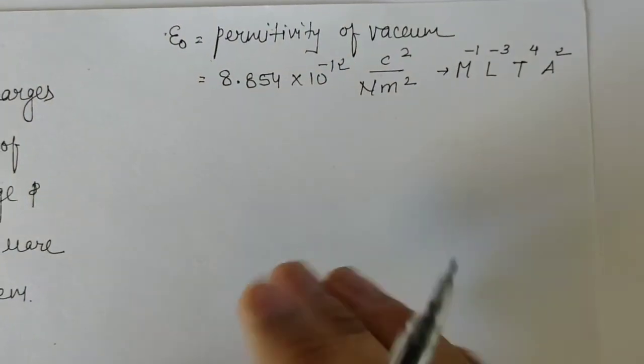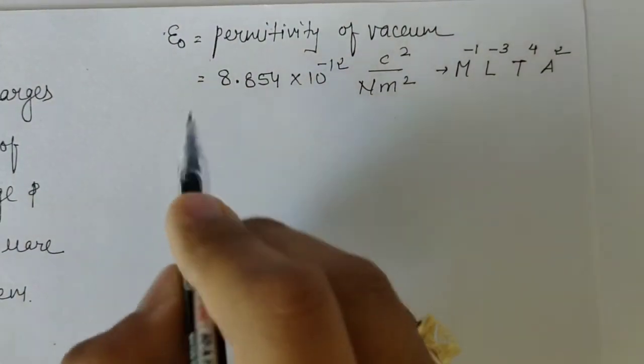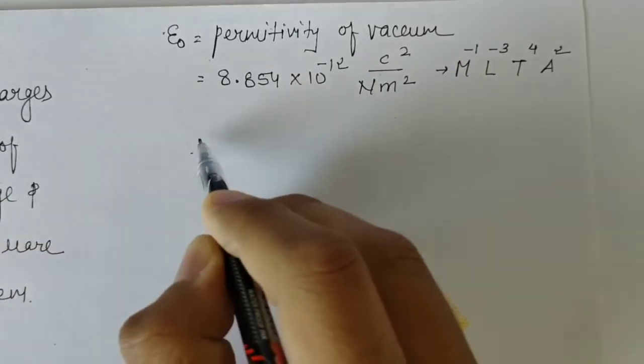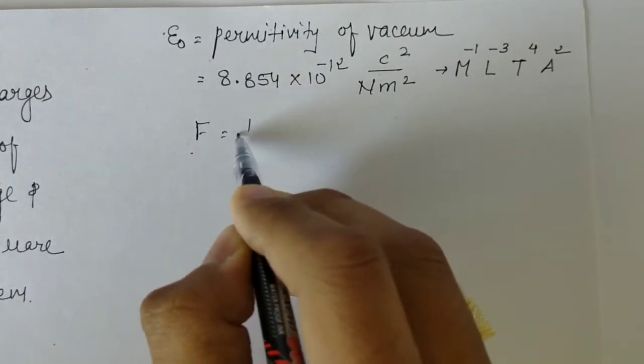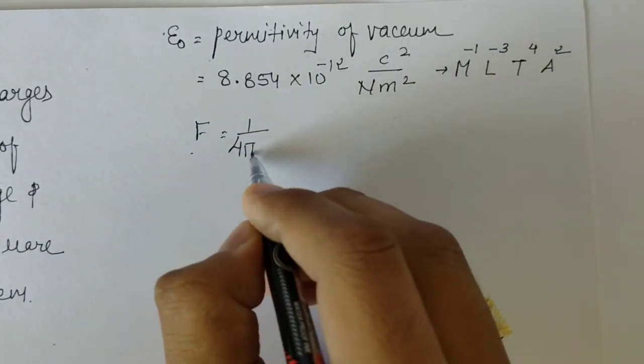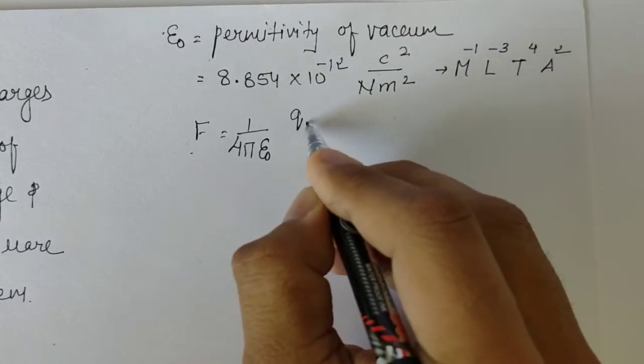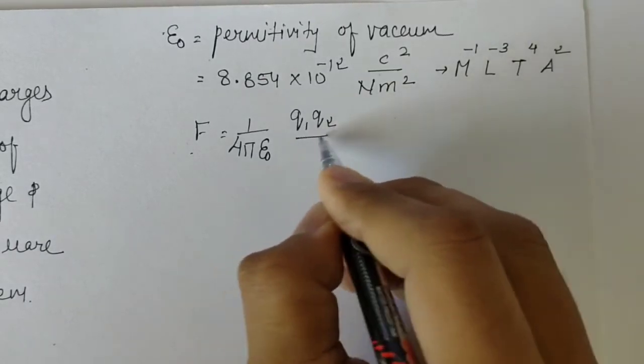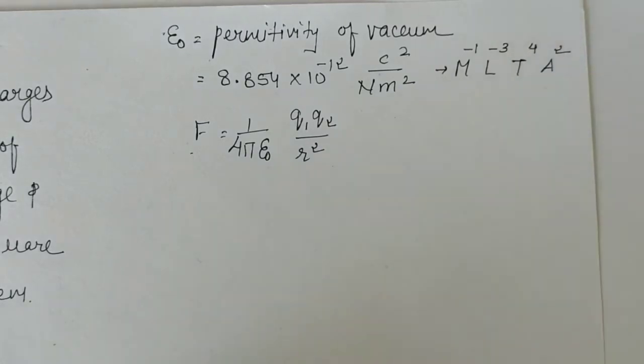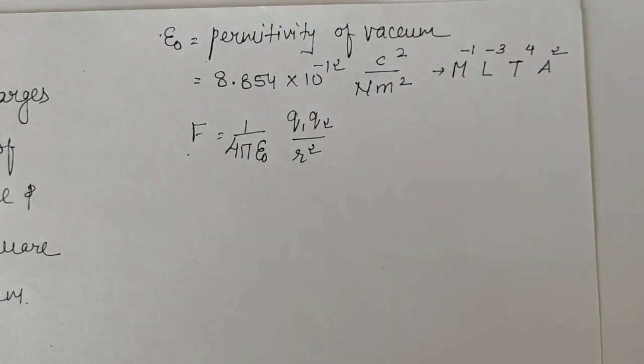Now substitute the value of K in the equation of force. F is equal to 1 upon 4 pi epsilon 0 Q1 Q2 by R square. This is the scalar form of the force.